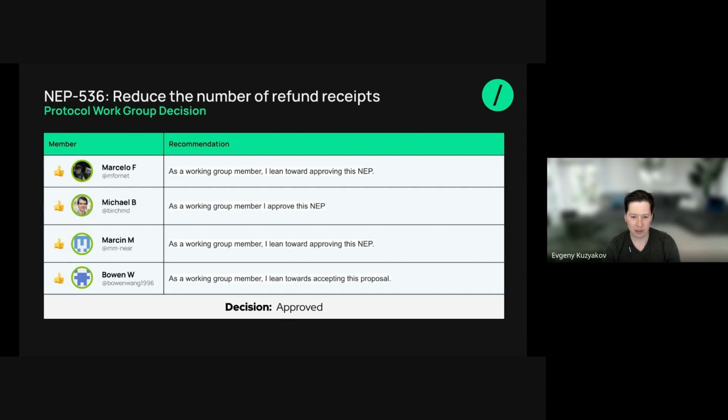So the gas burnt will only be included for the actual cost of the refund, but the penalty can be included into the tokens burnt, but not in the gas burnt. And that will indicate that the tokens were burnt, but the gas charge was less.